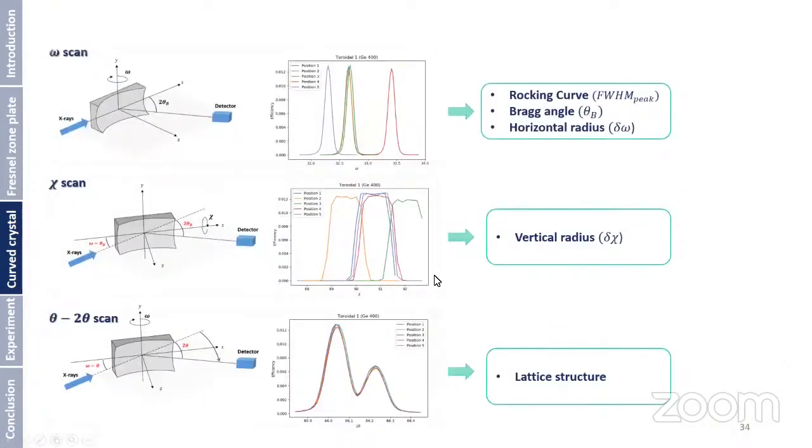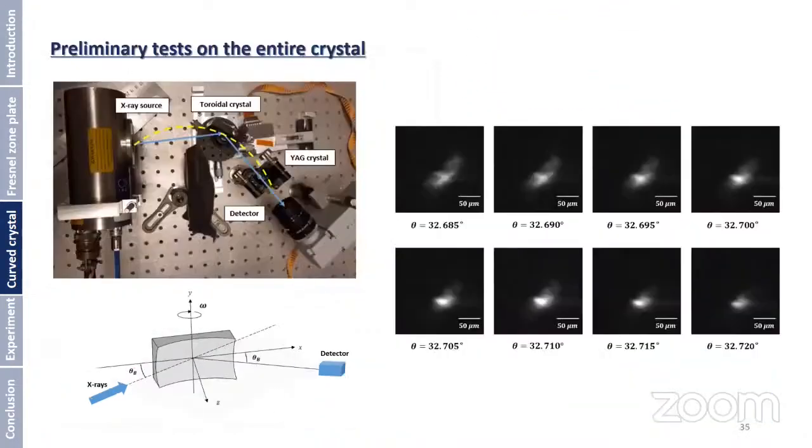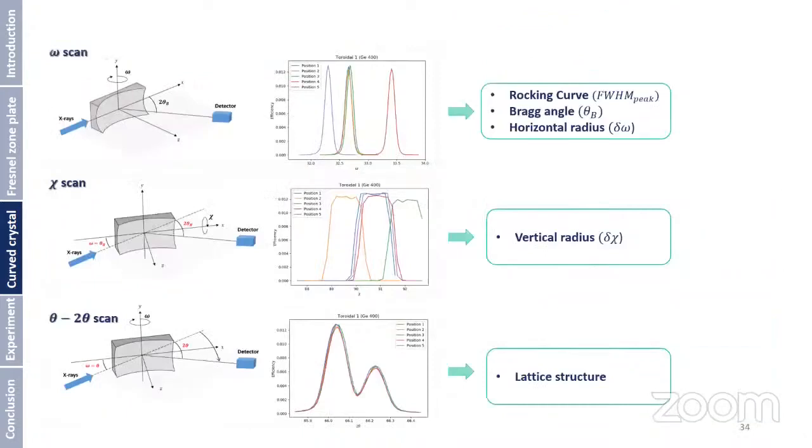We performed 3 scans with different rotation modes. With the omega scan, we measured the rocking curve, Bragg angle, and the horizontal radius of the crystal. With the chi scan, we checked the vertical radius of the crystal, and with the theta to theta scan, we measured the lattice parameters of the crystal.